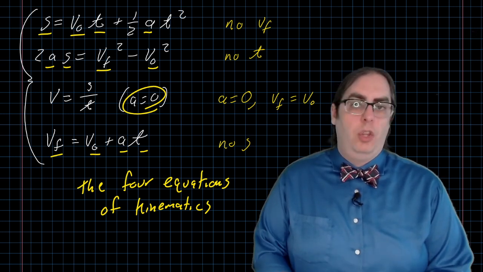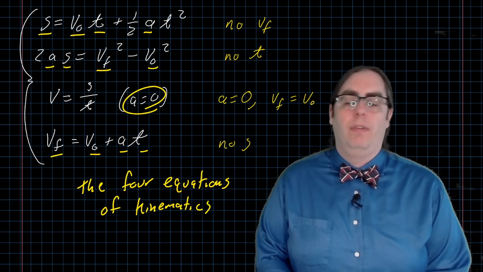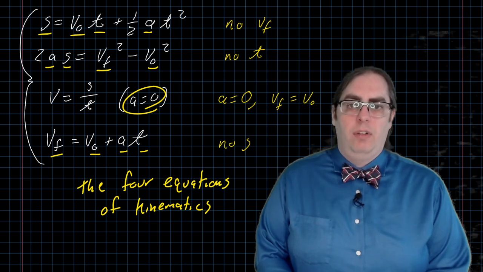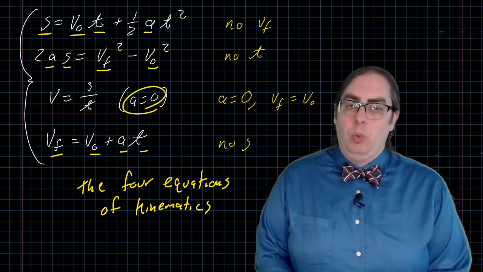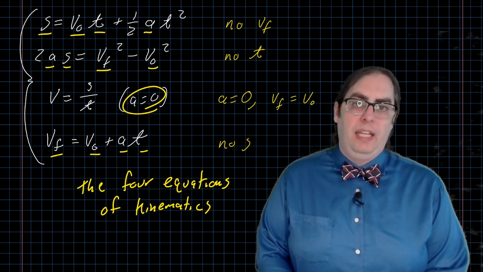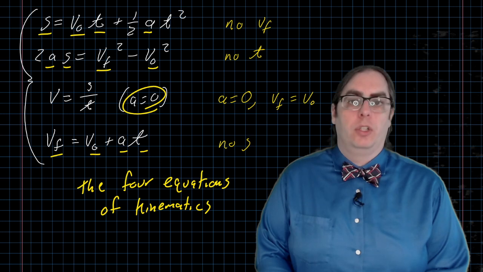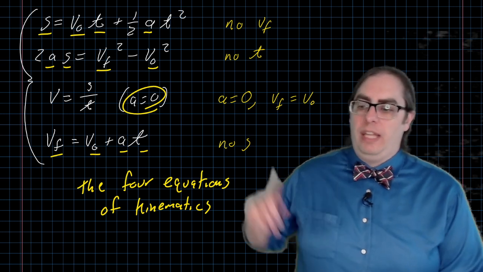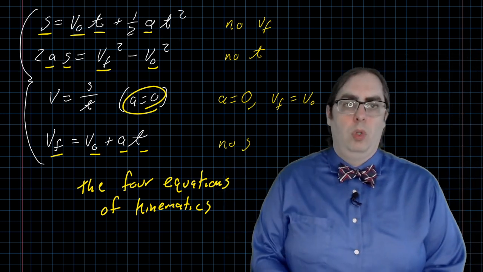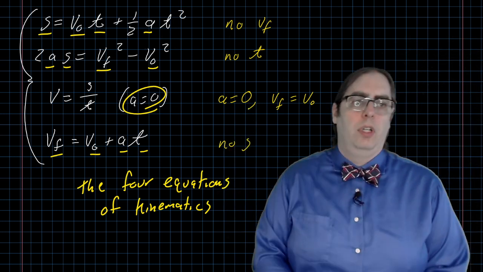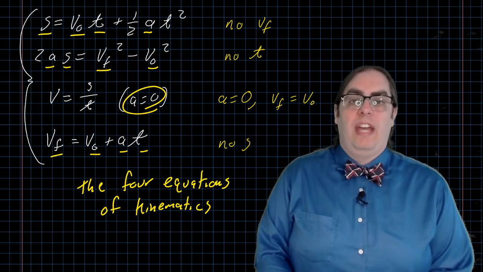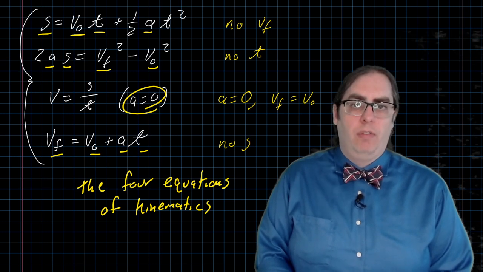Fill in the things that you know, the things that you're given, and fill in the thing that you are being asked to solve for. There should be one thing that is not marked at all. Hopefully that one thing is vf, t, or s. Or hopefully you have constant velocity and acceleration is 0. Using that information, you determine which of these formulas to use.